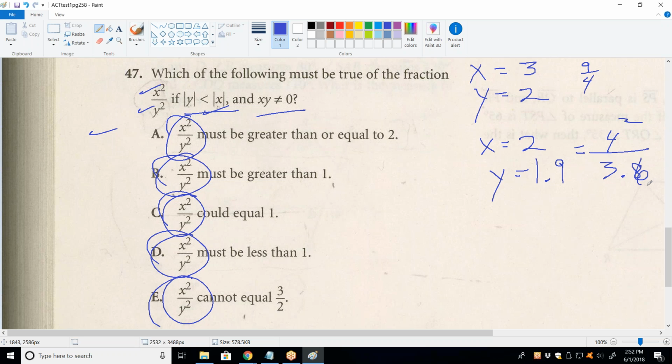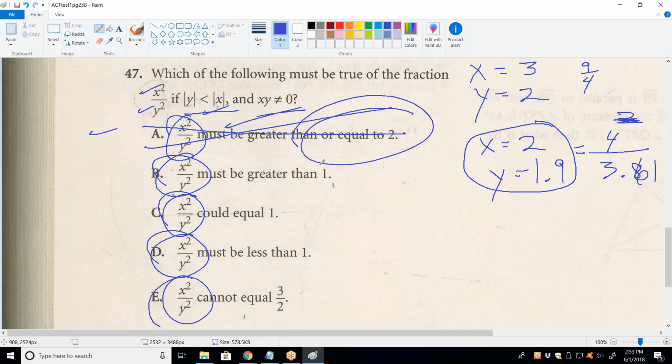Okay. 4 over 3.61. Well, that's not greater than 2. So by picking numbers, I'm able to eliminate some of these answers. I can definitely eliminate that one because I found an X and a Y where that wasn't true. And that's all I have to do. To prove that statement wrong is all I have to do is find an X and a Y that is not greater than or equal to 2. And I just did it. 4 divided by 3.6.